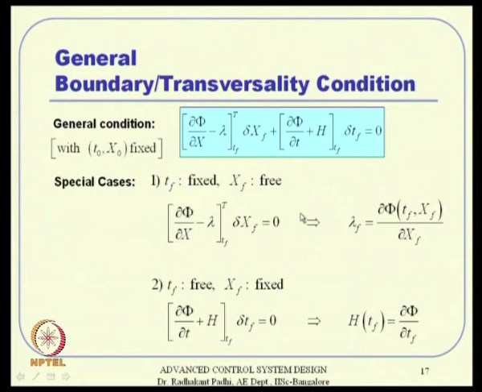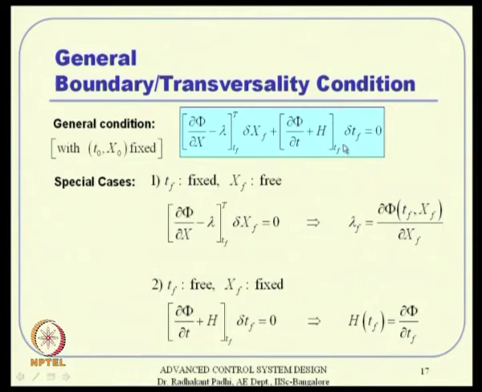Now, before proceeding further, we also notice that there is a general transversality condition or general boundary condition with t0, x0 fixed. If t0, x0 is not fixed, then also it is possible, but here we are talking about t0, x0 fixed. So, the general condition turns out to be something like this, where the variation of the final time is also included.